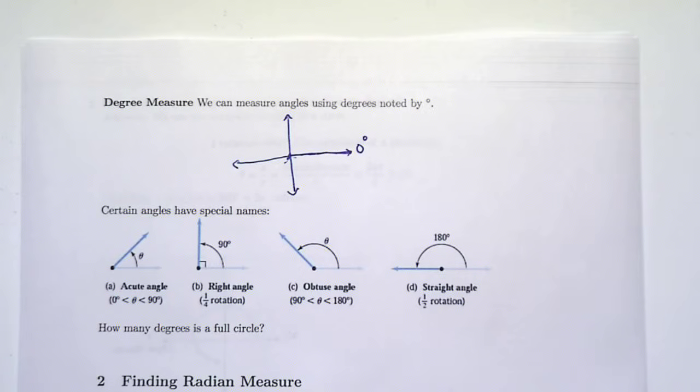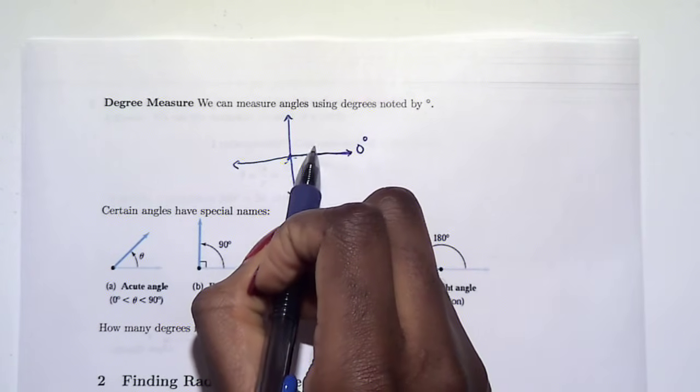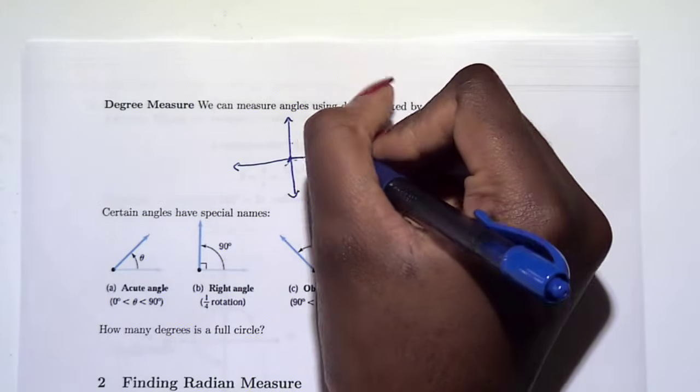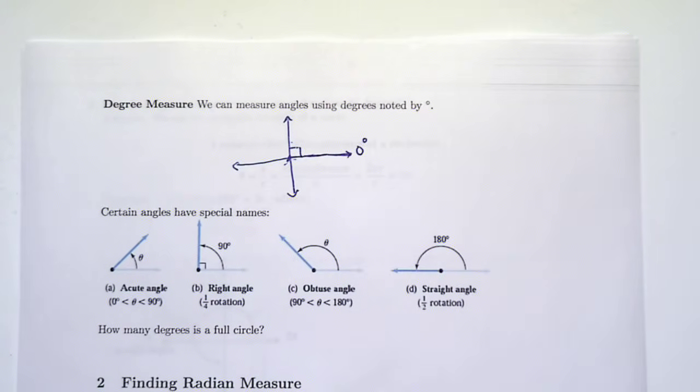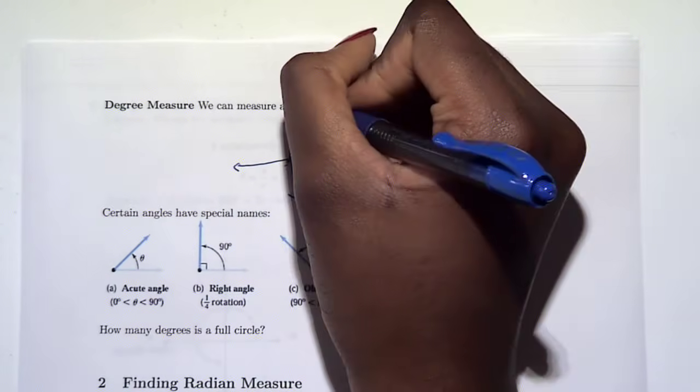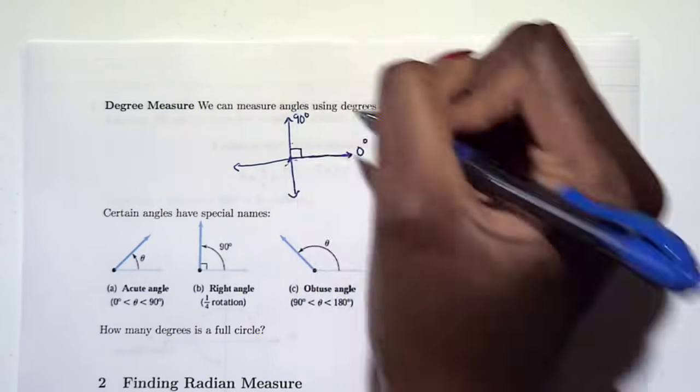We haven't gone anywhere. If we go around, we get to a 90-degree angle, and you'll often see 90-degree angles notated with this little box here to say this is 90 degrees.